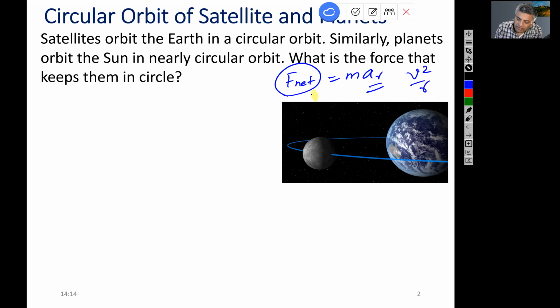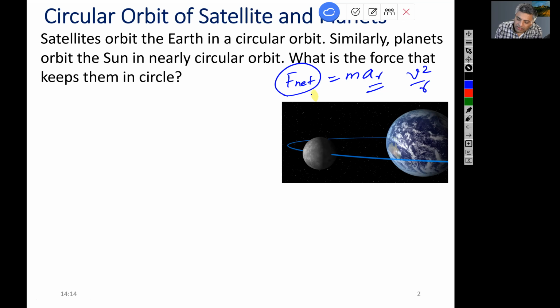So for example, here is one mass, and there is another mass, and this mass is circling around. Let's say lowercase m is the mass of the object that's circling around, and uppercase M is the mass of the object around which the smaller mass is circling, okay?